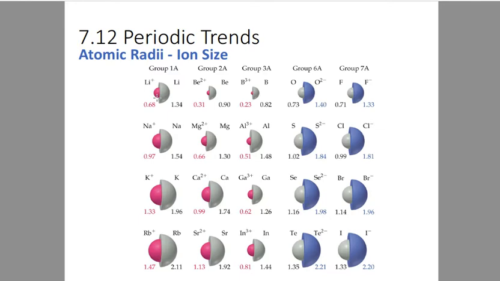Cations will be smaller than their parent atom, which should make sense because we lost an electron, and anions will be bigger than their parent. So here the cations are in pink and the parent atom was in gray, and over here the parent atom is in gray and the anion is in blue.